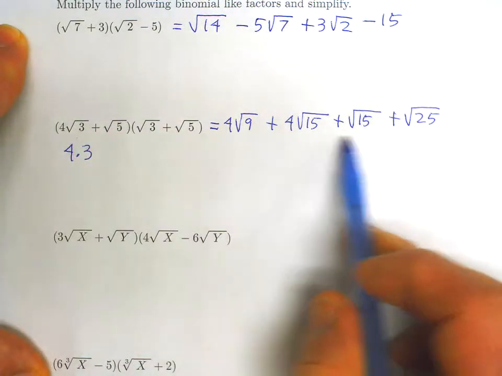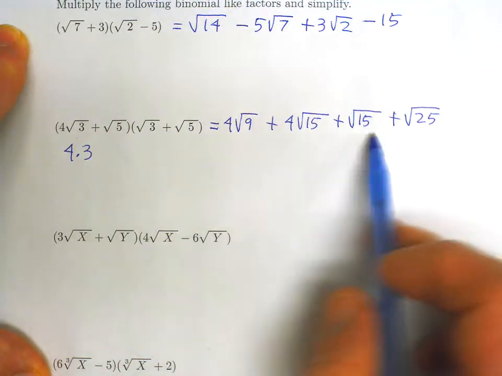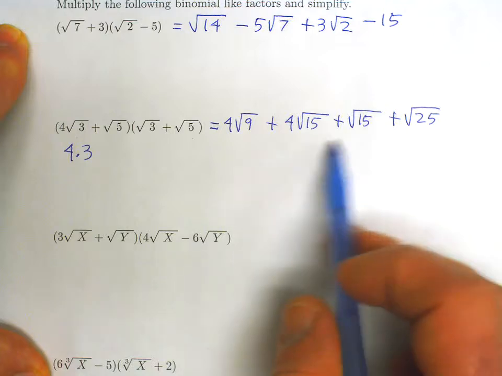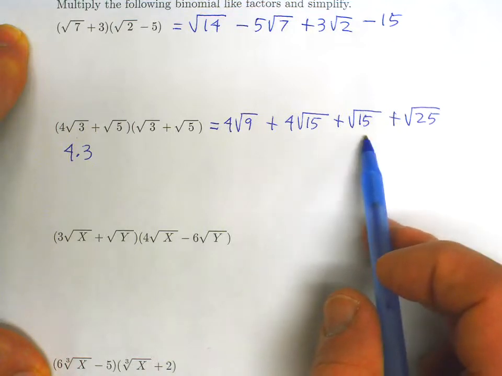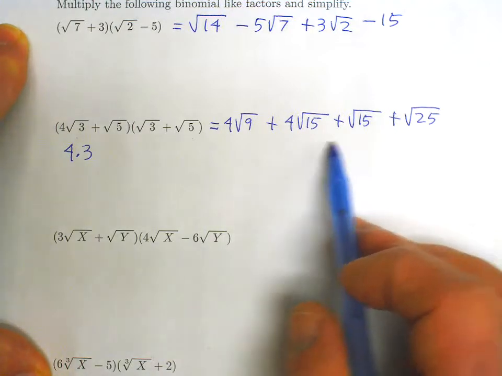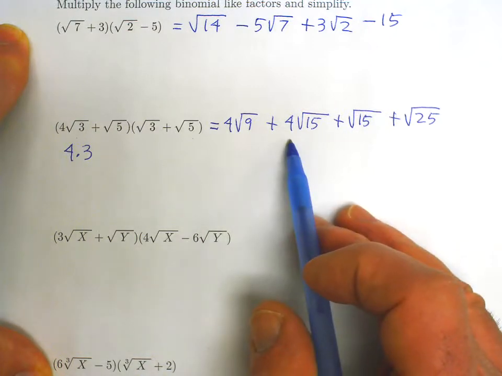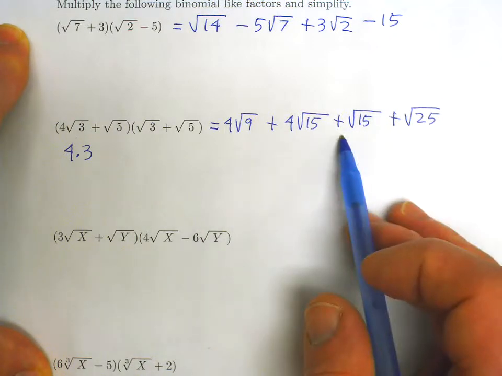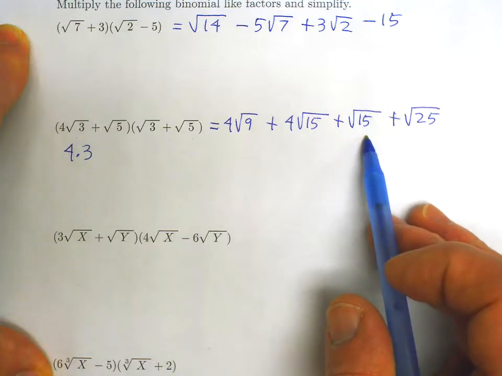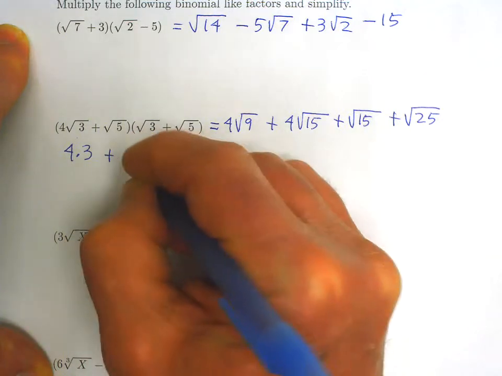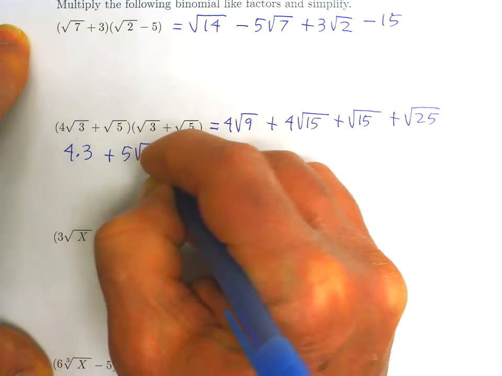The 2 middle terms are like terms, or they have like radicals. The square roots are already as simplified as they can be on those 2 middle terms. So 4 times the square root of 15 plus 1 times the square root of 15 is just plus 5 times the square root of 15.